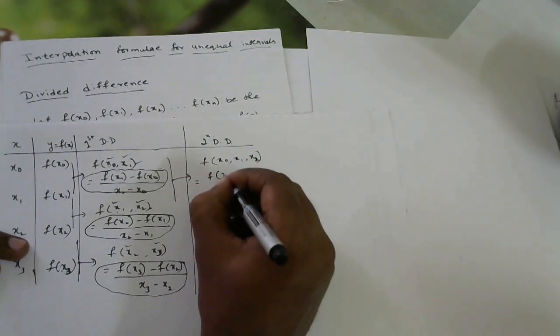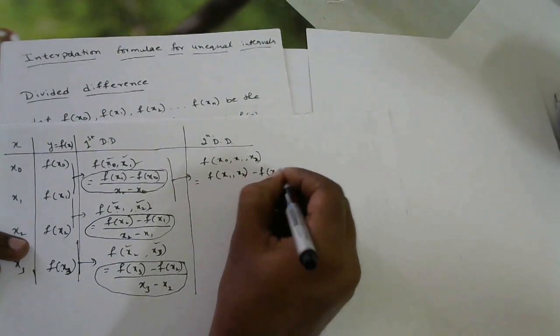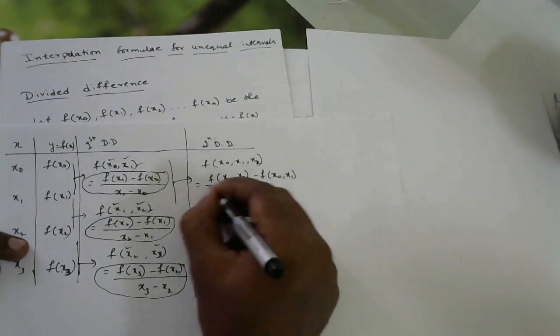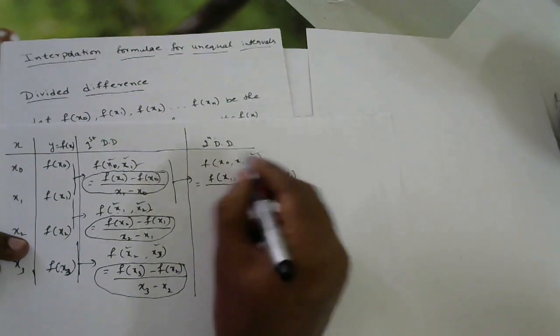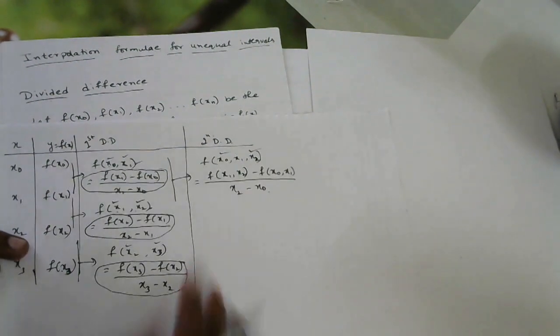This minus this means f of x1 comma x2 minus f of x0 comma x1 whole divided by last term minus first term, x2 minus x0.